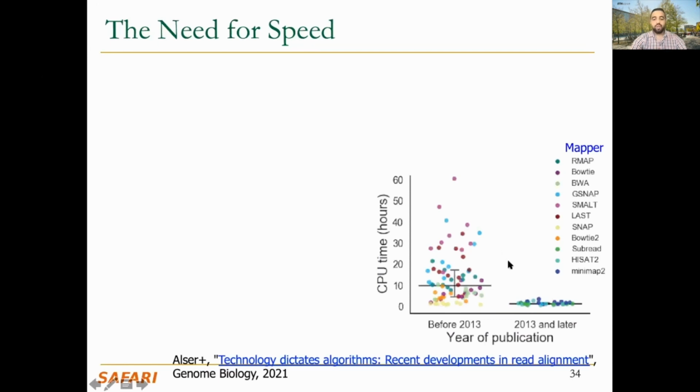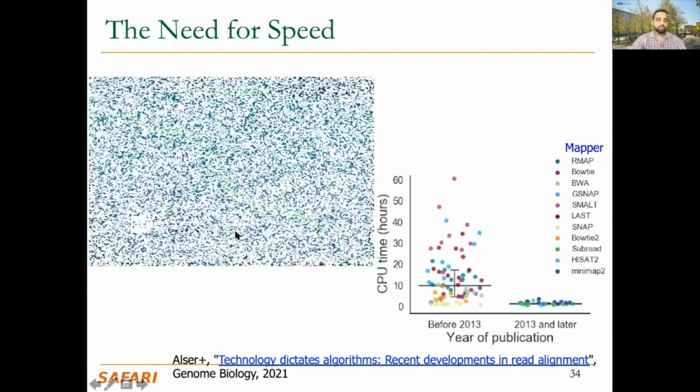If you collect all these tools before 2013 and after 2013, you'll see the trend very clearly. Starting from 2011 or 2013, you'll see most of the tools maintain very high speed. If you propose something that is slower than the existing tools, probably the community won't care about it. They won't even use it.